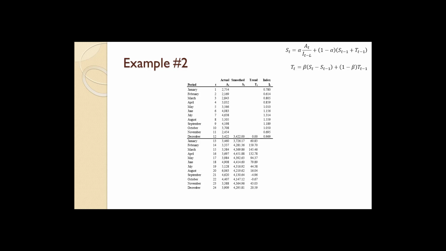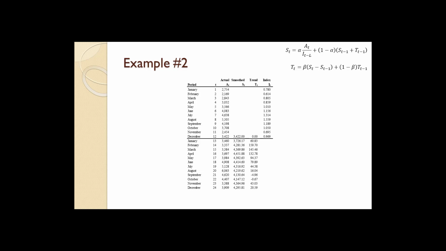S14 equals 0.3 times 3,337 divided by 0.614 plus 1 minus 0.3 times the quantity 3,726.17 plus 60.83 equals 4,281.36. T14 equals 0.2 times 4,281.36 minus 3,726.17 plus 1 minus 0.2 times 60.83 equals 159.70.